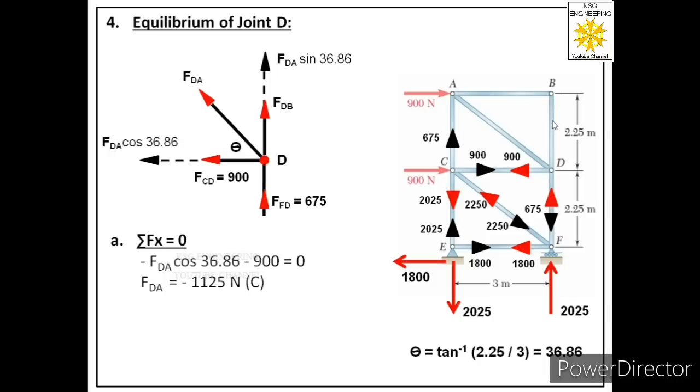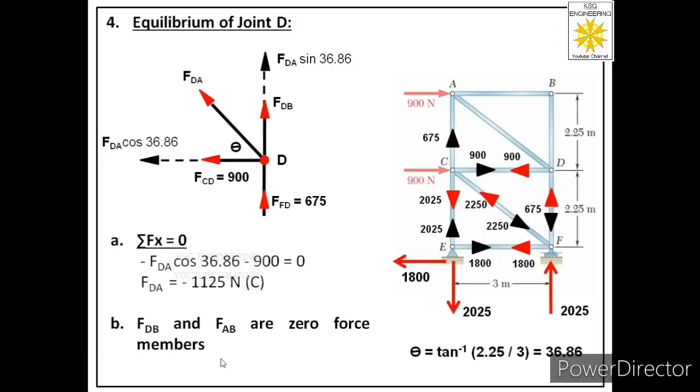So we can say directly that member DB and member AB are zero force members. There is no need of applying the next equation even. Then we will directly write FDB and FAB are zero force members. And if you apply the next equation, summation Fy equal to 0, then also you will get the value of FDB as 0.